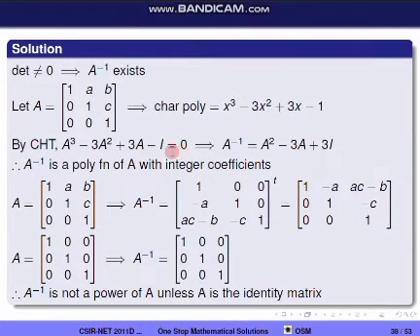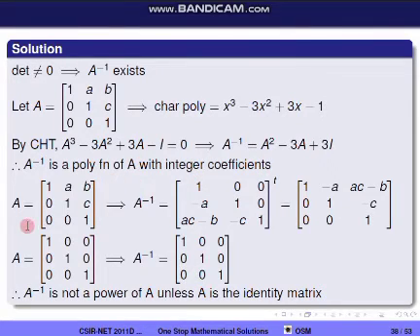Now I am taking I to this side and multiplying the whole equation by A inverse, because A inverse exists. So we get A inverse is equal to A square minus 3A plus 3I. So for a 3 by 3 matrix, A inverse is a polynomial function of A with integer coefficients. Therefore similarly for an n by n matrix, A inverse is a polynomial function of A with integer coefficients.